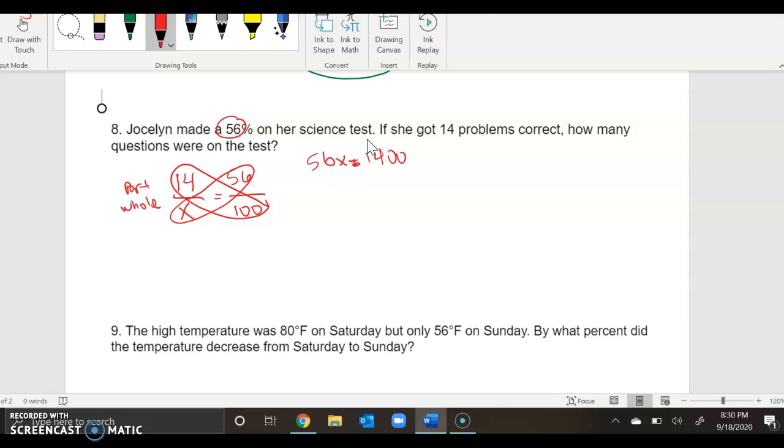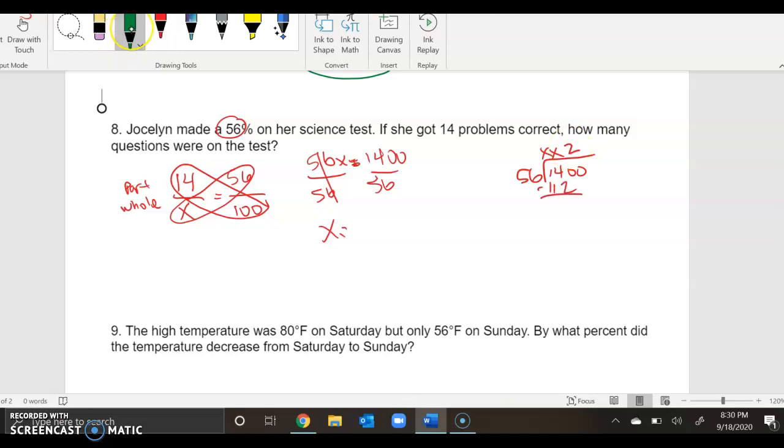To get X by itself, we want to divide both sides by 56. I can't do anything to make those numbers any easier, so we just have to divide top in, bottom out, 1400 by 56. 56 will not go into 1 or 14, but it will go into 140 2 times. That gives us 112.